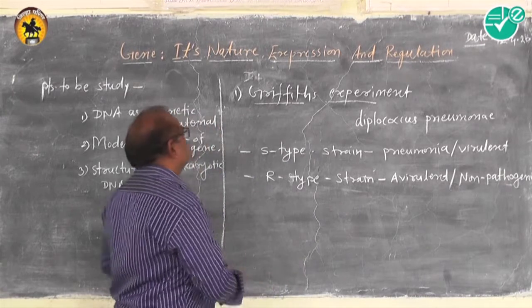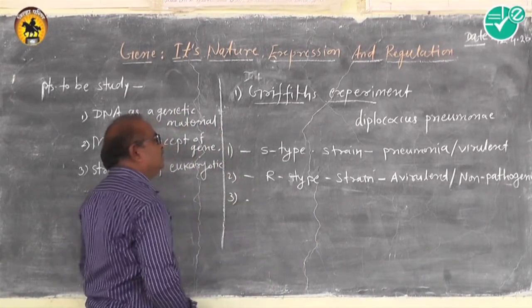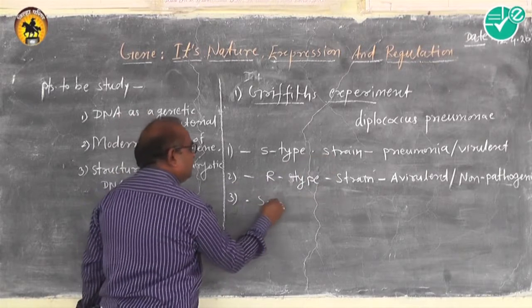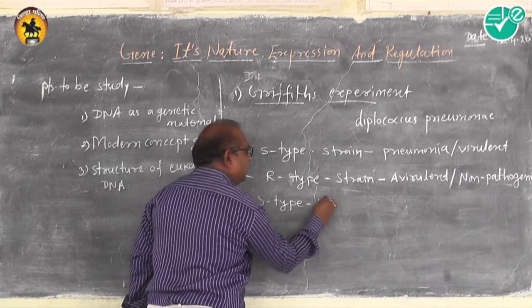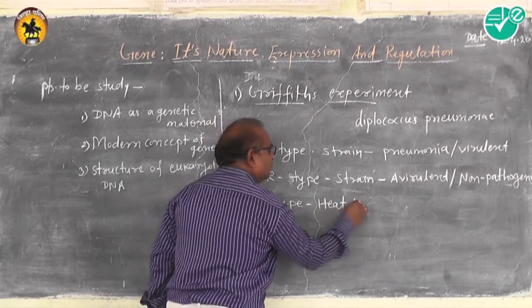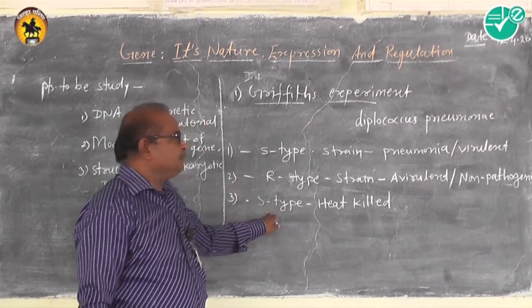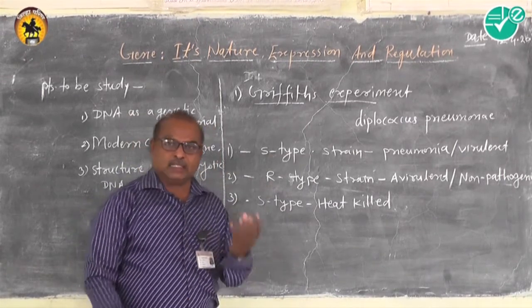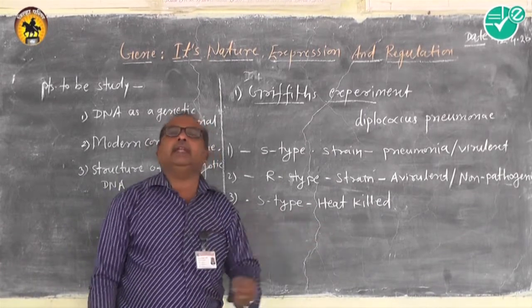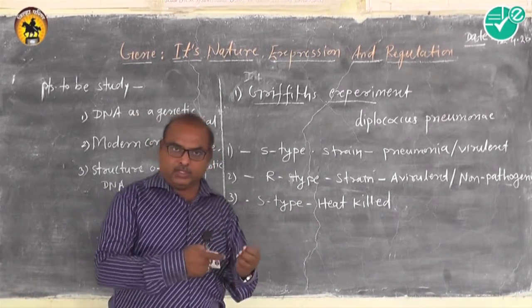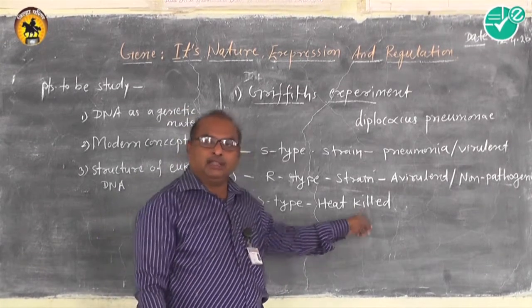Such two steps he made first, and in the third step, the S-type strain of the bacterium was heat killed. Griffith took this S-type pathogenic bacterium into a flask, killed it by heating, then drew it into an injection syringe and injected it into a healthy mouse.